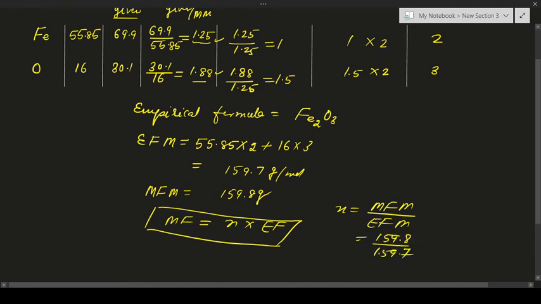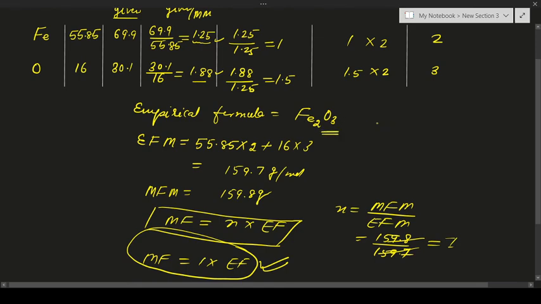So on dividing we get approximately 1. It means our molecular formula is 1 into the empirical formula, so the molecular formula and empirical formula will be the same. It means our empirical formula is Fe2O3 and our molecular formula will also be Fe2O3. So hope this answered your question.